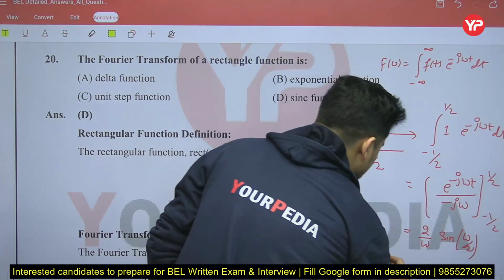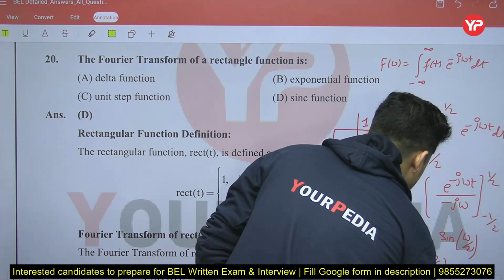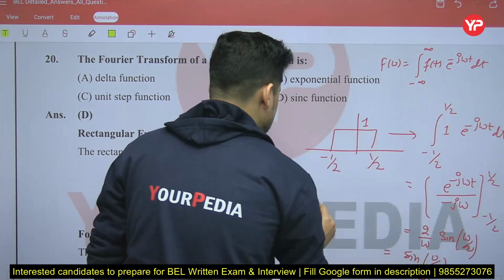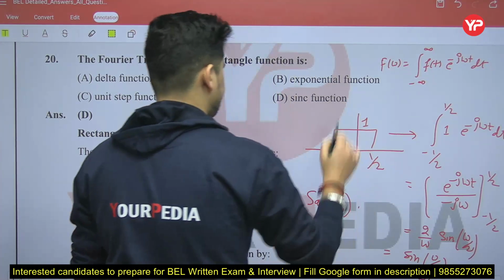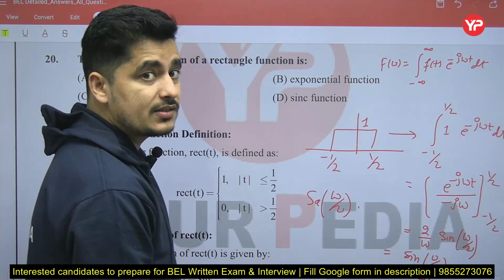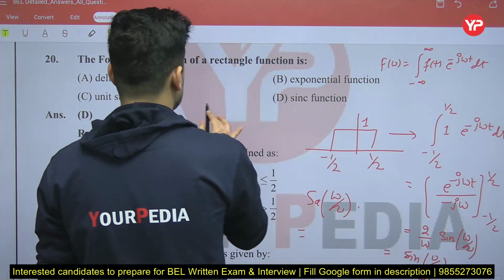So we can write it as sine of omega by 2 divided by omega by 2. So basically it is a sampling function, sampling of omega by 2, right? That is the sampling function, or we can say the sinc function. Sinc function is defined as what?